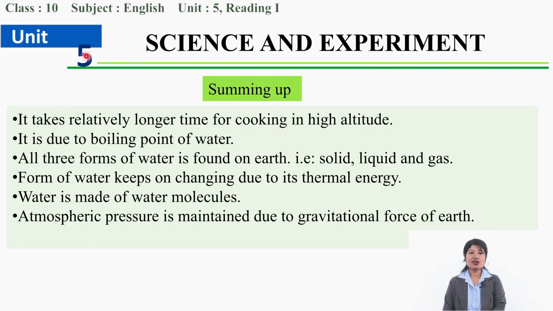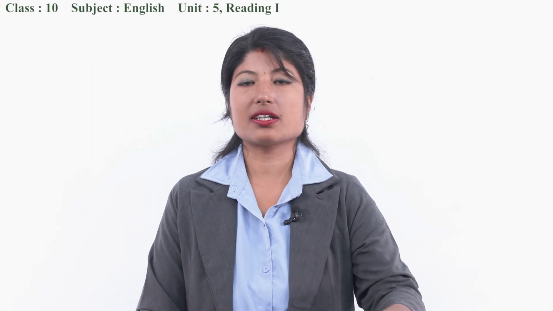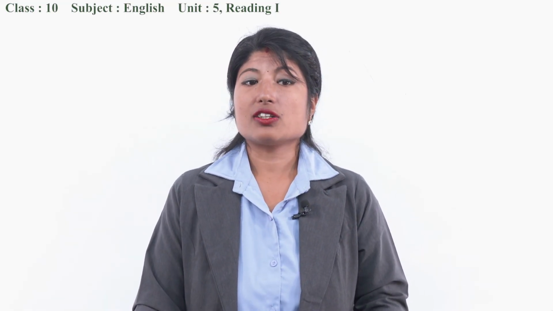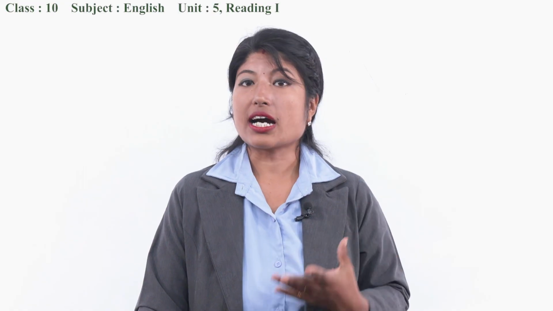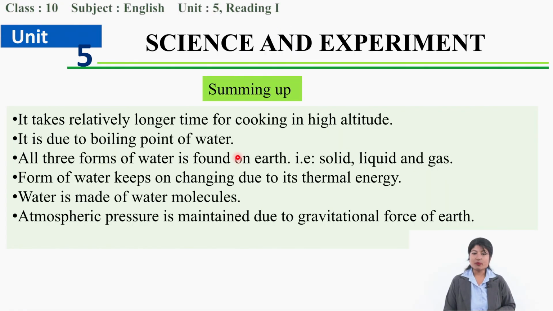So to sum up this lesson, it takes relatively longer for cooking at high altitude, and this is due to the boiling point. As the height increases, the boiling point decreases.